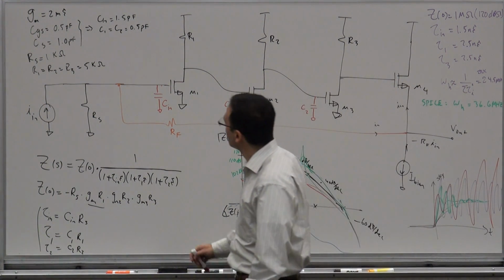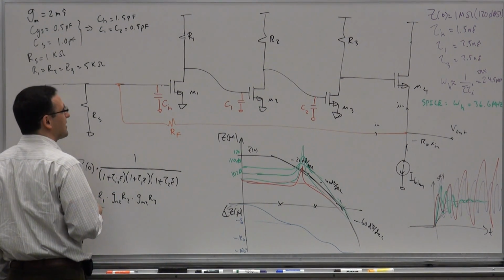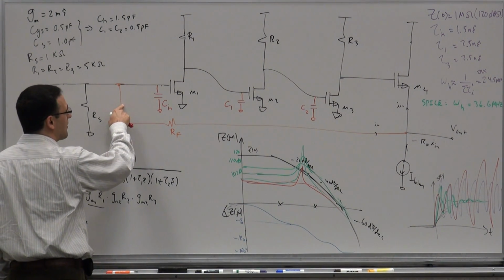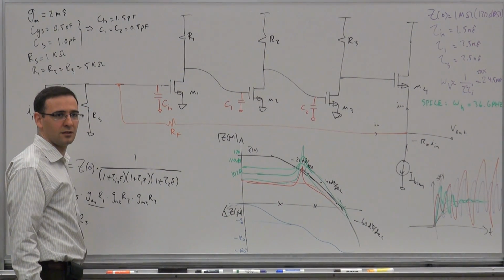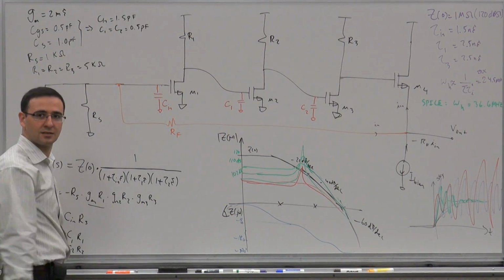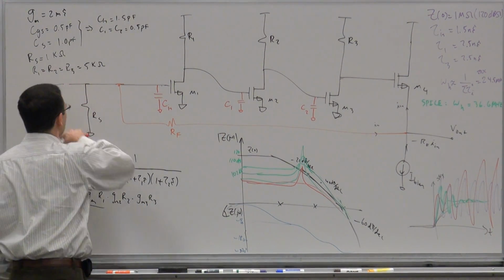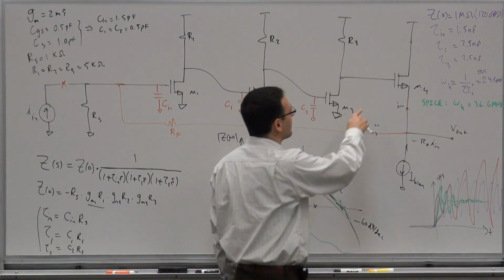On the input side of the feedback, you mean here? Yeah, I could do it there, but if I break it here, both my TI and TV would be non-zero, right? Because I have resistance here. So when I want to determine the loop gain, of course, that goes away. Now, how about here?